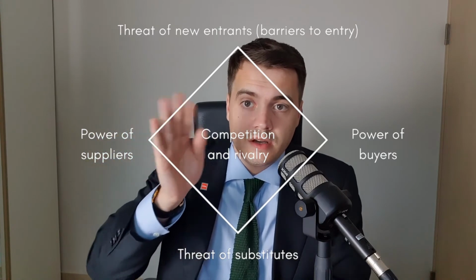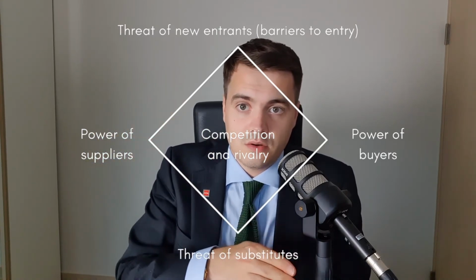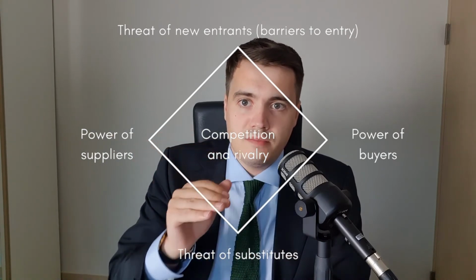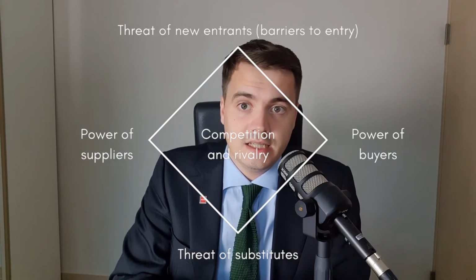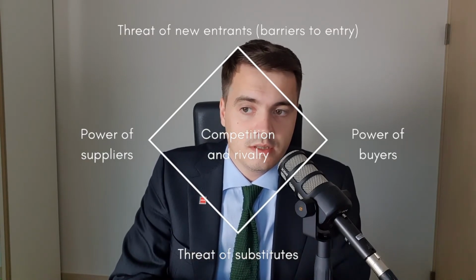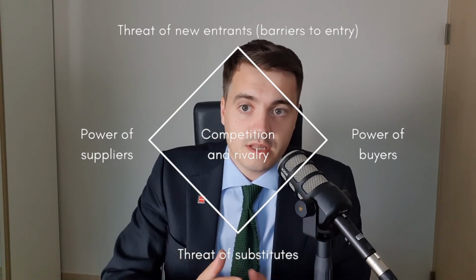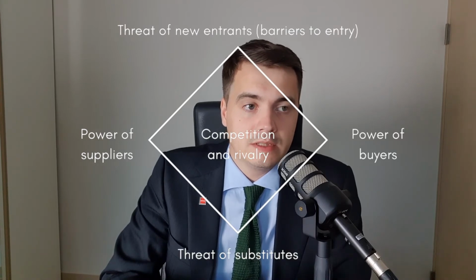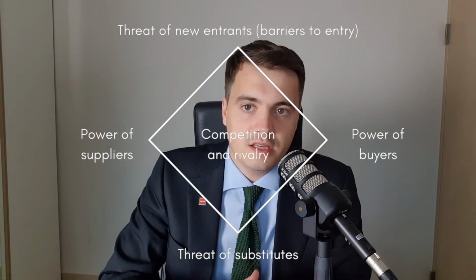When you add the four together, one is high, one is low, or low, low, low, high, or high, high, low. In the middle, you get an overview of how intense the competition is in that industry. So when everything is low, it's highly profitable. When everything is high, it's obviously not very profitable, very competitive, and it's at the latest stage of the industry life cycle.